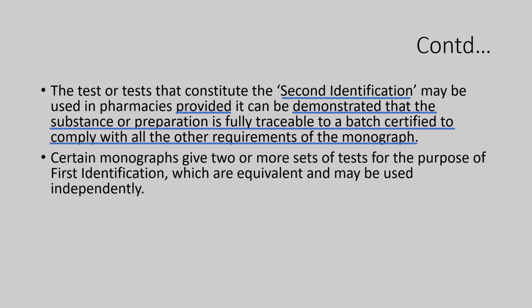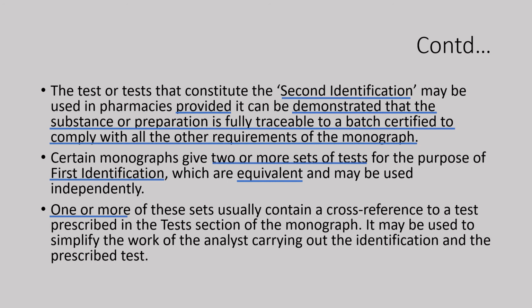Certain monographs give two or more sets of tests for the purpose of first identification which are equivalent, and may be used independently. So, when there are two similar tests for first identification leading to the same result or conclusion, one of the tests may be used as an alternative.